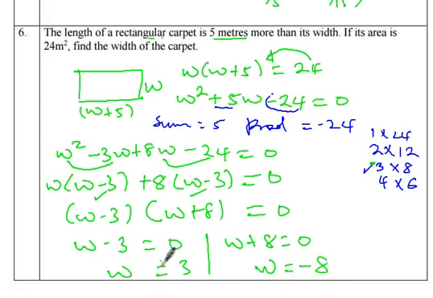But now that we know that W is supposed to be width, there is no way the width can be a negative answer. So we need to say, therefore, the width is 3. You can put meters, 3 meters.